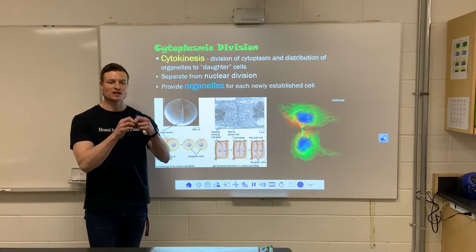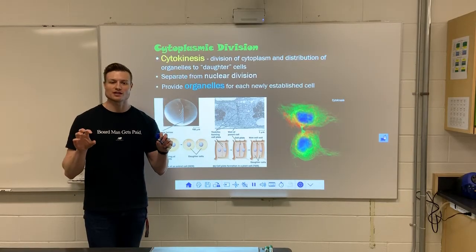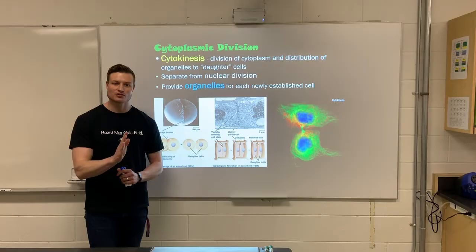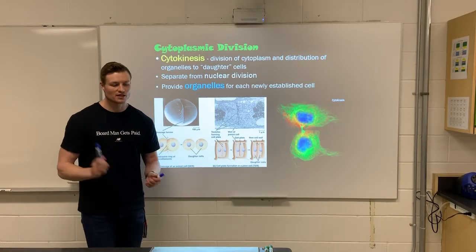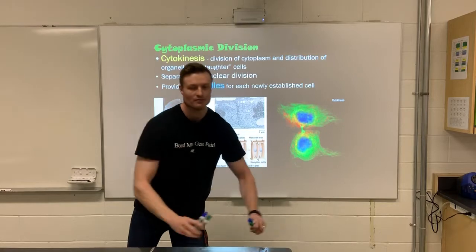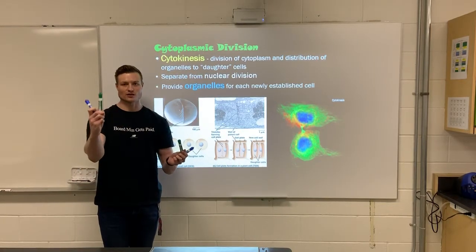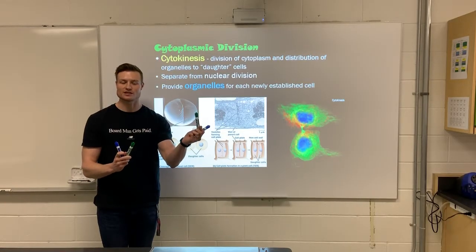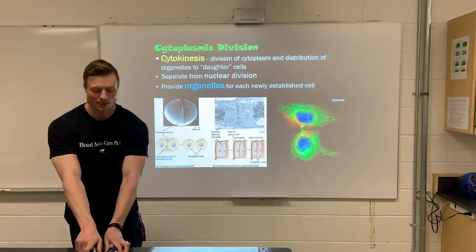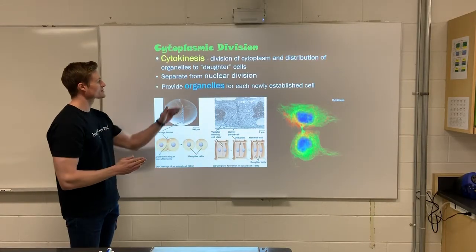So now the cytoplasm will completely split up, where we get two new daughter cells. Each daughter cell is identical to the parent cell, both 46 chromosomes, and they're all going to be 46 single-stranded. So one cell over here, 46 single-stranded, one cell over here, 46 single-stranded. Now, that's the process of mitosis. Once again, ending with cytokinesis.